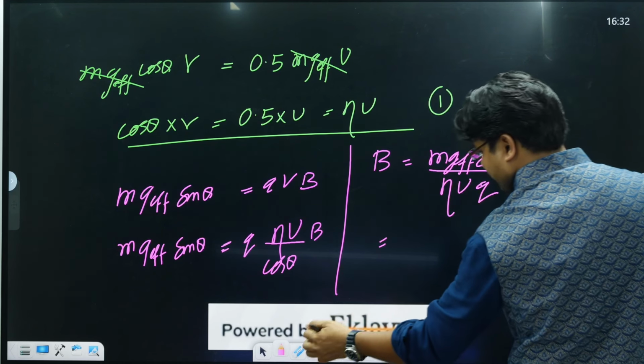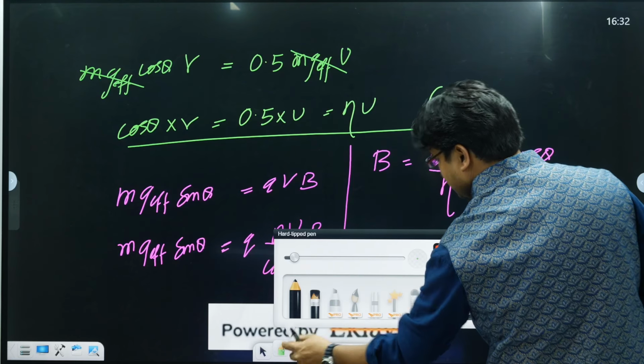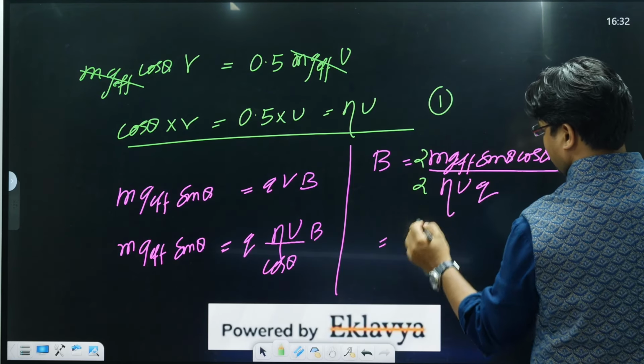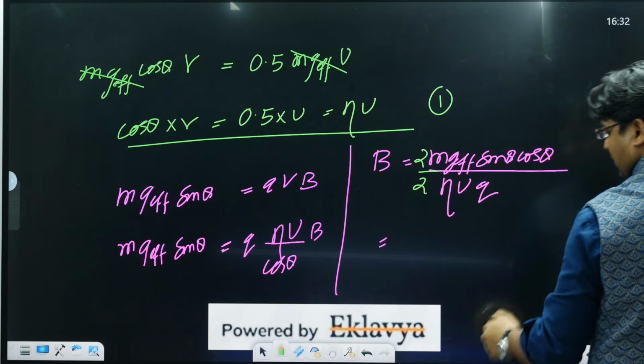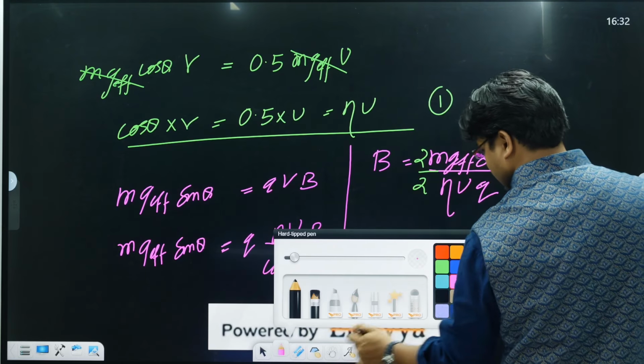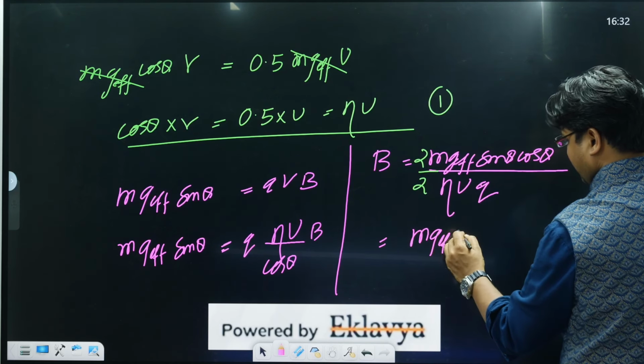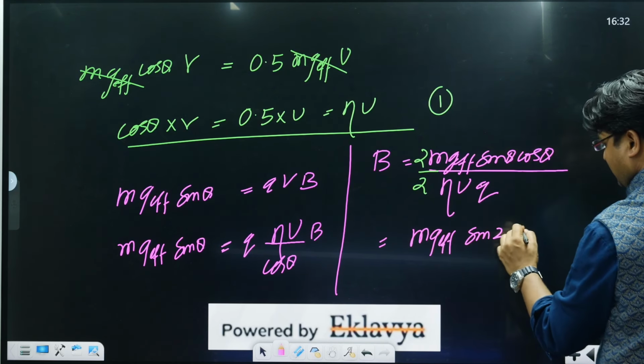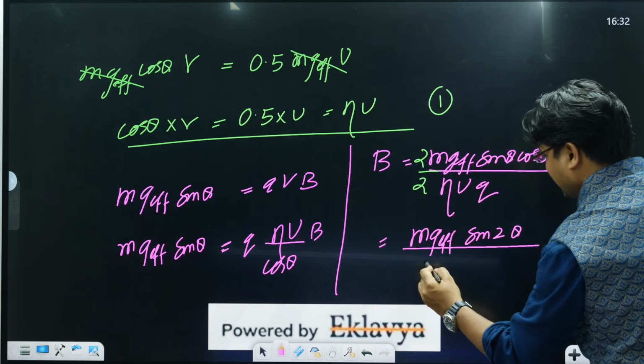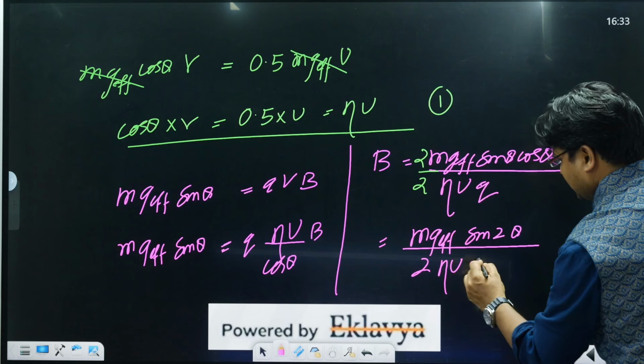If you multiply and divide with 2, then 2 sine theta cos theta becomes sine 2 theta. So next step we can write it as m into g effective sine 2 theta by 2 times eta u q.